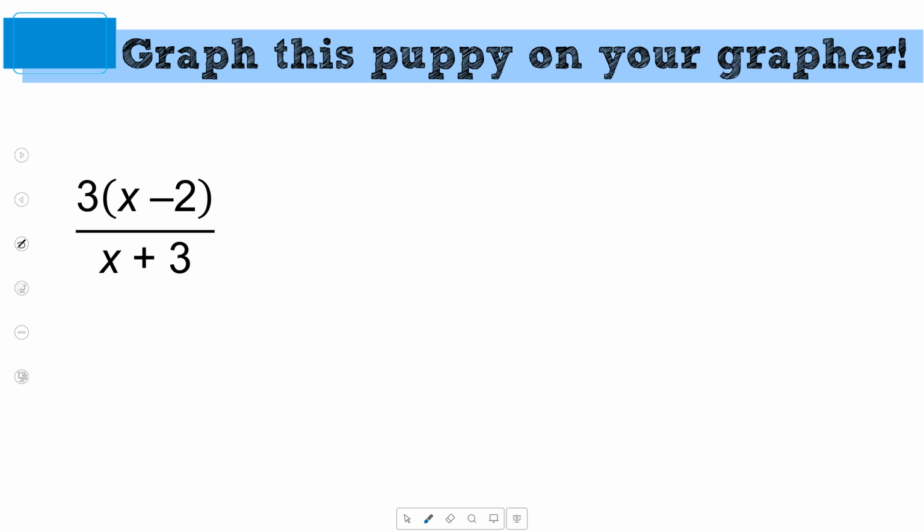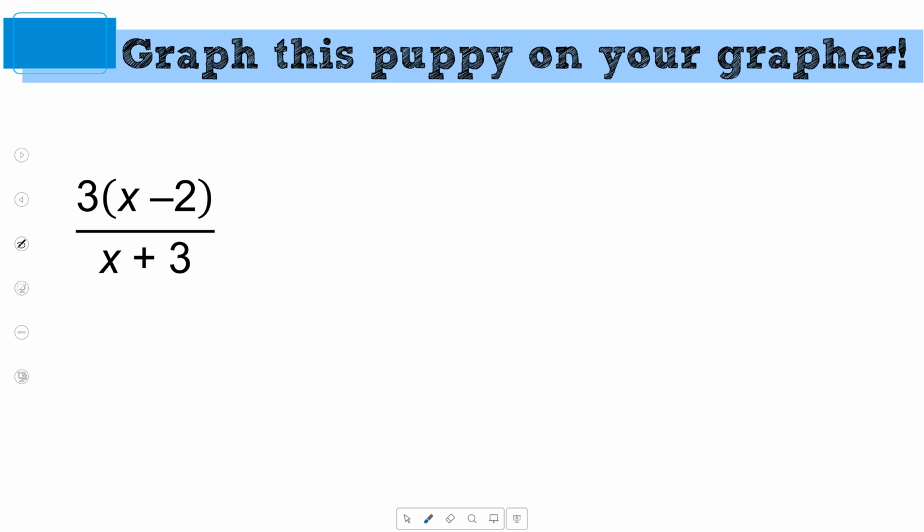Is it going to do this, or is it going to do this? This. Why? There you go. Is the multiplicity even or odd? Odd. Very good.